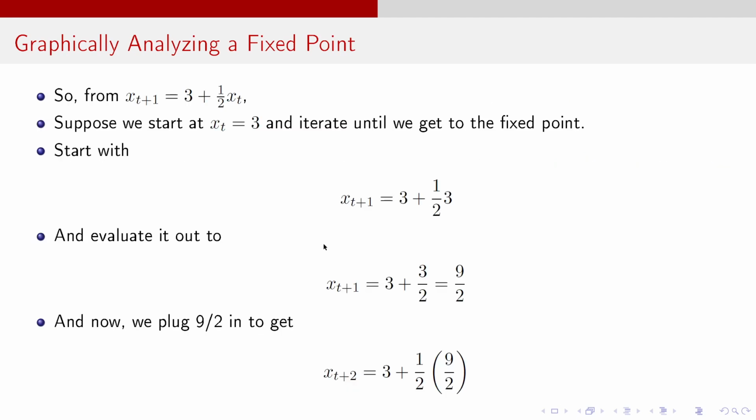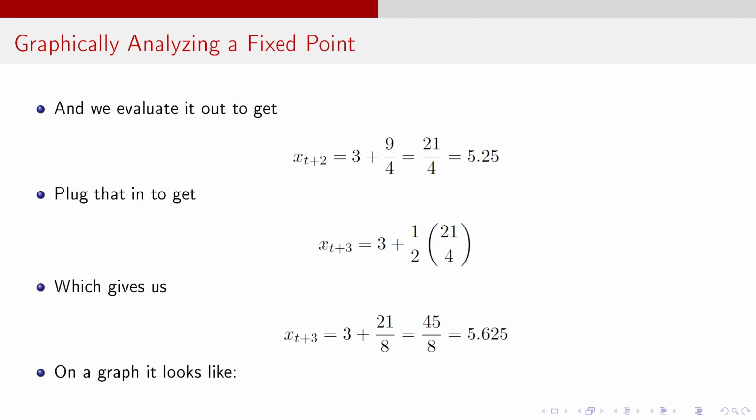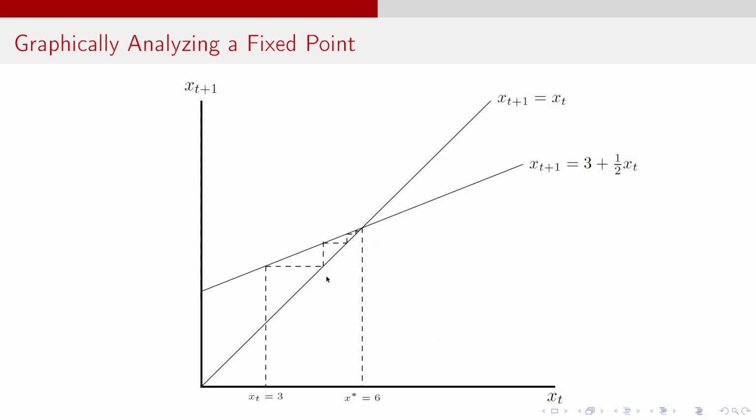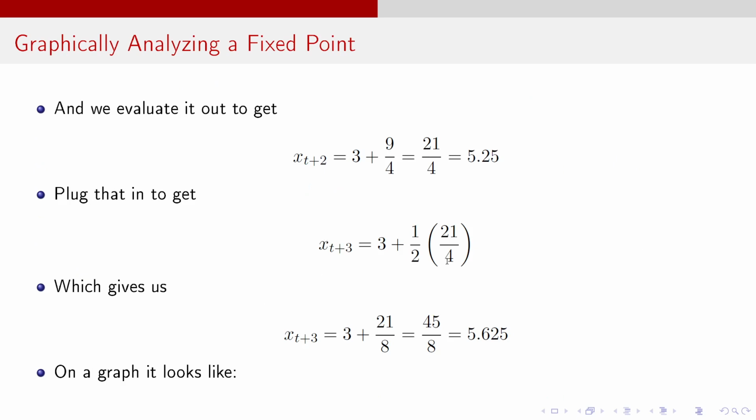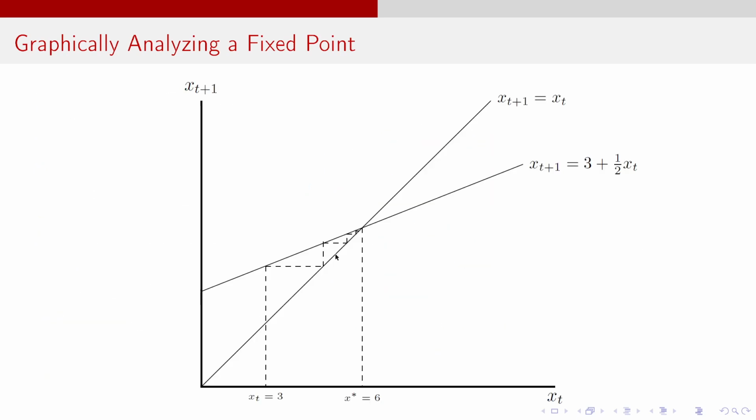Yeah, 5.25, right here. Then you evaluate it again, you get 5.625. And it's like a zigzaggy, staircase-like shape up until you get to x star equals 6.